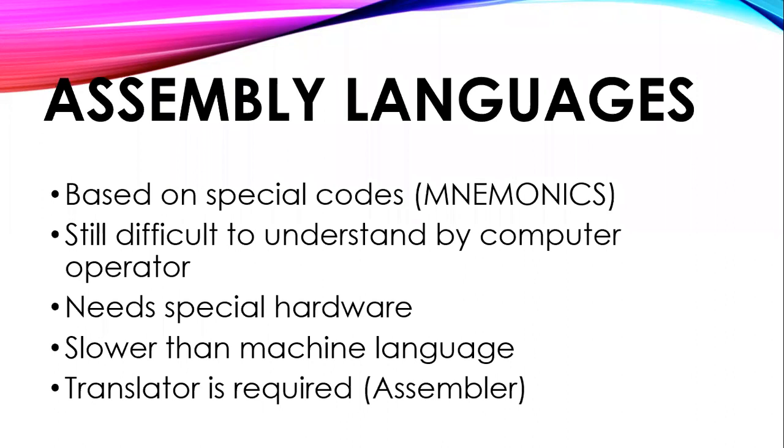For this purpose, assembly language codes, means mnemonics, use the assembler. An extra task of converting mnemonics into machine code is included. That's why assembly languages are considered slower than machine languages, because one task, translation, is added.